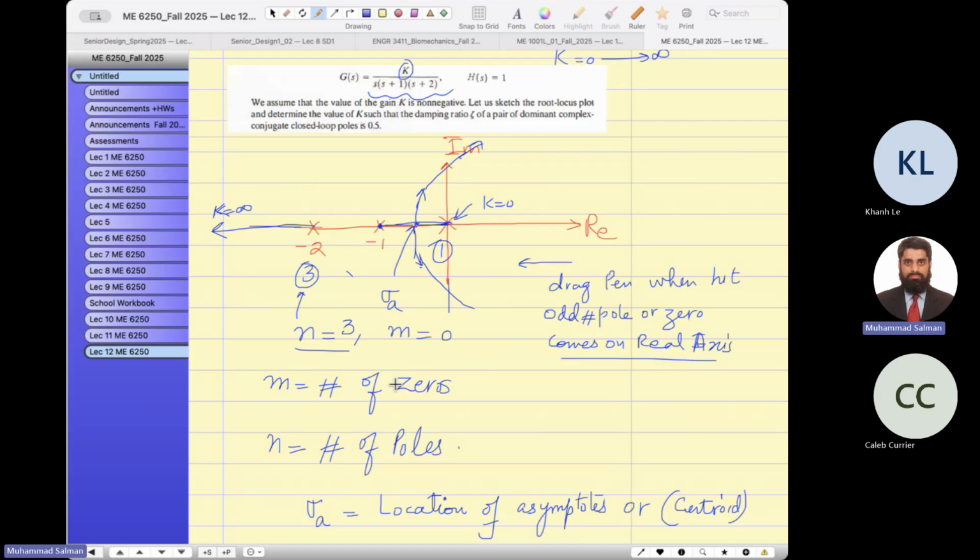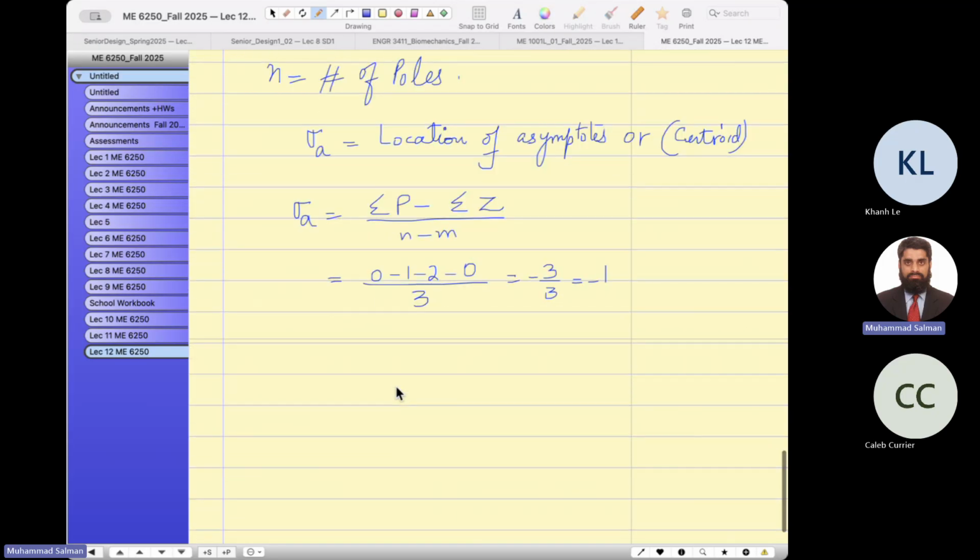Now, what angle will they depart from? There is another formula for the angle of the asymptotes.